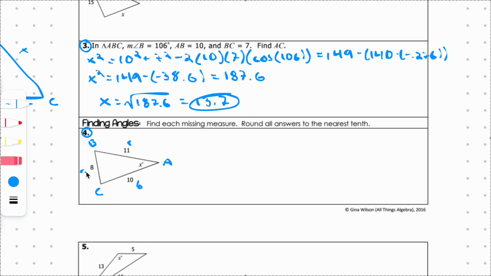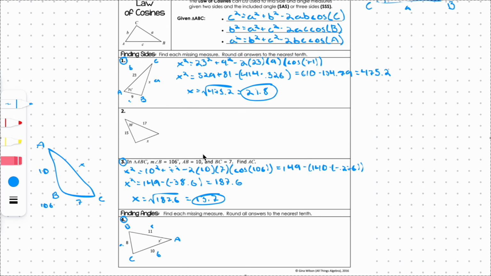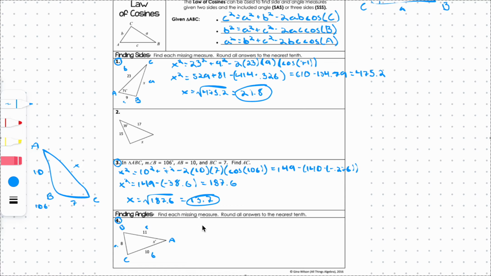This is little a. Okay, so in our formula, let's actually zoom out and look back up here. In our formula, if we're trying to solve for angle A, we have angle A in this third equation. So I'm going to try to write out this third equation. So I do little a, the side across from the angle we're trying to solve for, squared.